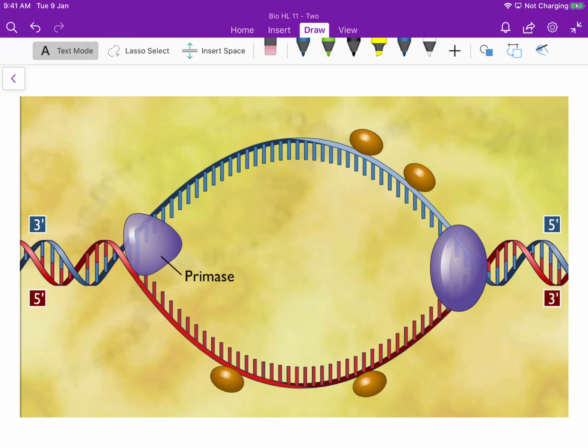Next we can see that we have a new enzyme which is coming to bind. So over here, we had helicase, which has unwound the DNA double helix. Now something that you might see, but you don't really need it for the marks, is these proteins. These are SSBs, single strand binding proteins. And what they do is they stop it from zipping up again.